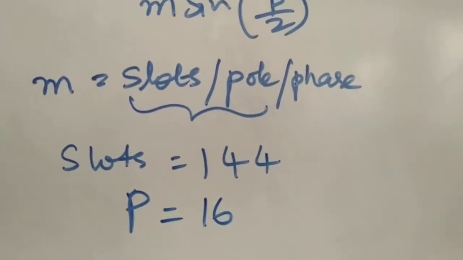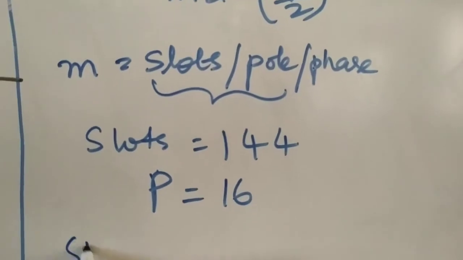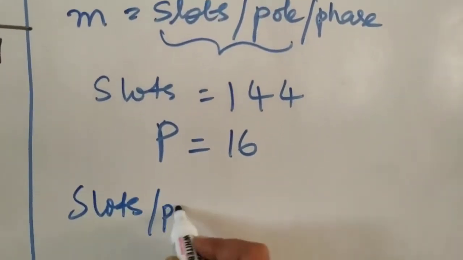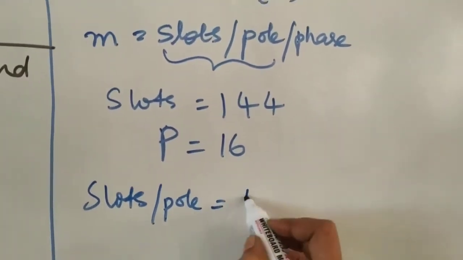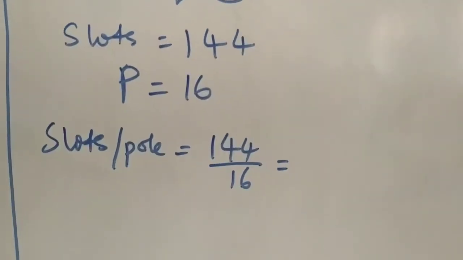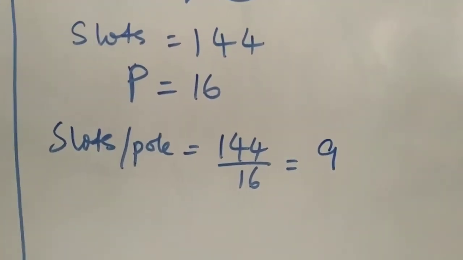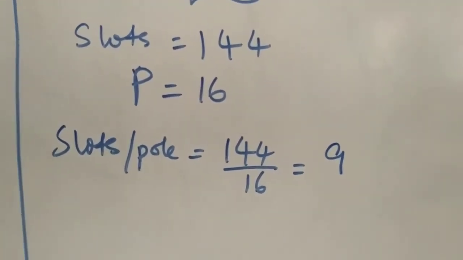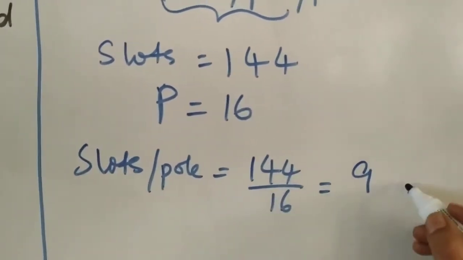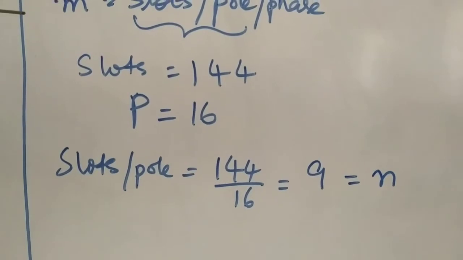So when you take 144 divided by 16, it gives the slots per pole. It results in 9. Let me denote this slots per pole as n, the value of n.